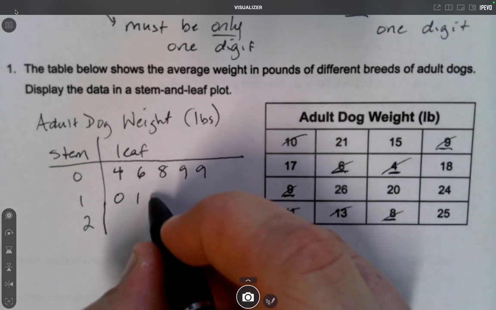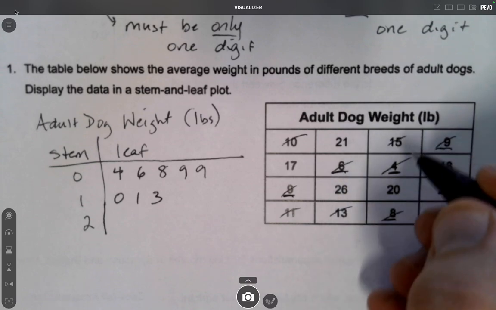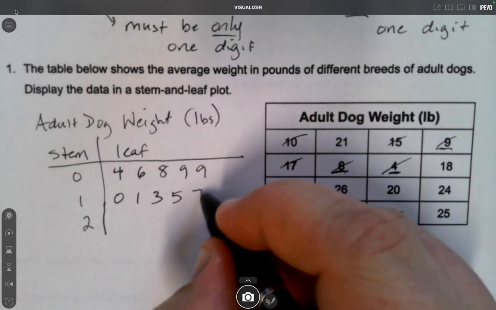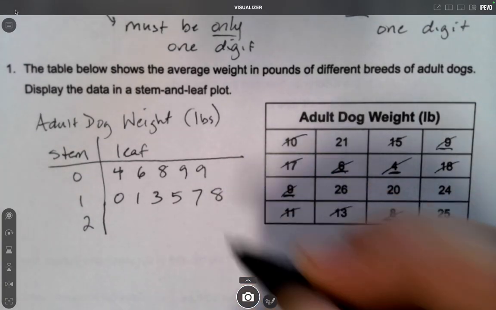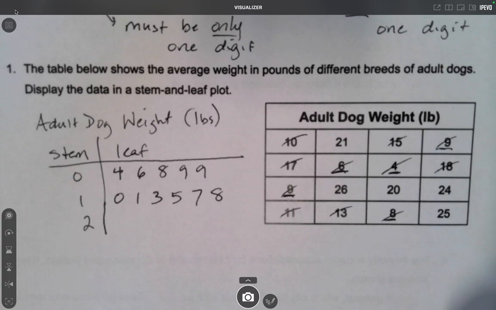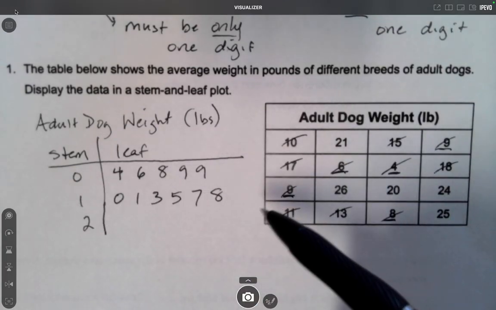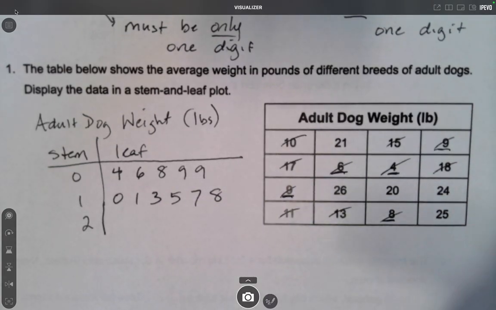Then 13, so I put a 3. 15, so I put a 5. 17, so I put a 7. And 18, so I put an 8. So I listed all the numbers in order, 10 through, well, we didn't have a 19, but that's what that line ranges from. You can put anything 10 through 19 there.